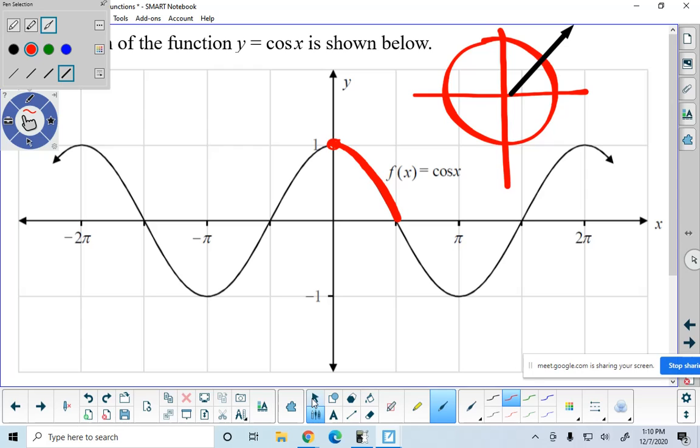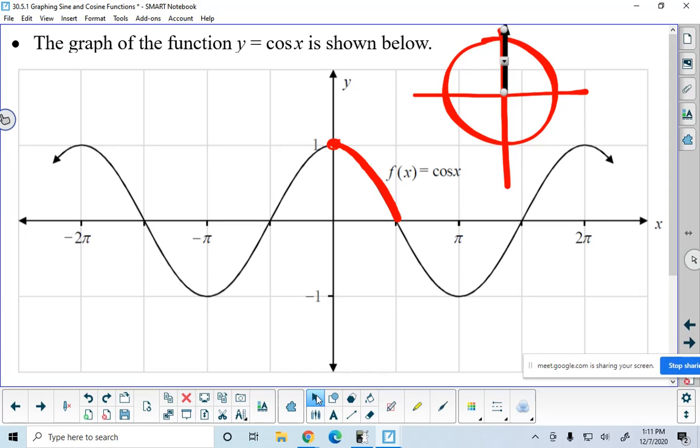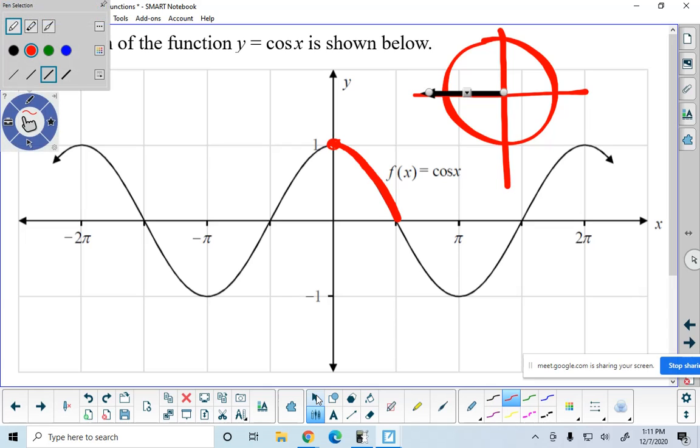As soon as you hit pi over 2, the cosine is 0 because the x coordinate on the unit circle is 0. And then the x coordinate becomes negative until it reaches negative 1. So the cosine of the angle is 0, and then it becomes -1, and then it goes back to 0, and then it becomes +1.